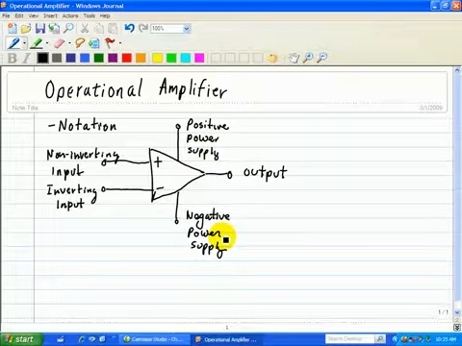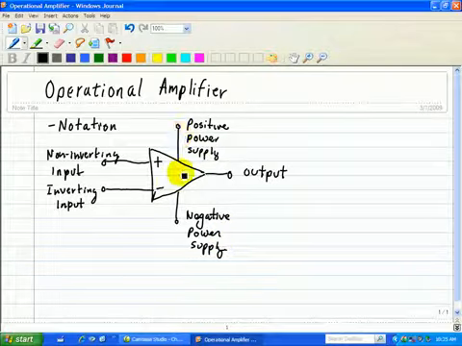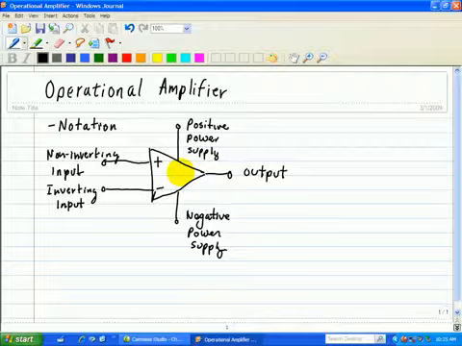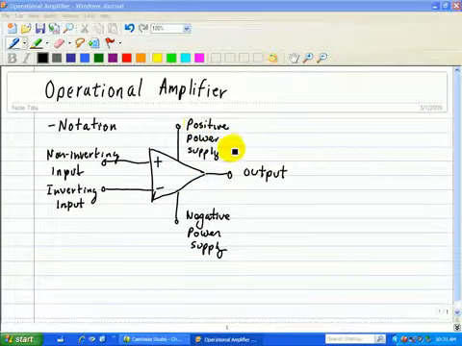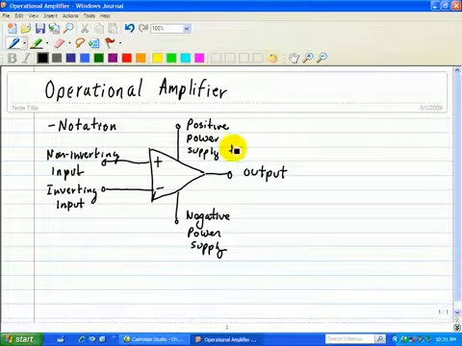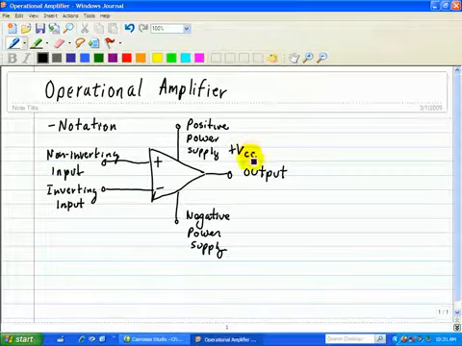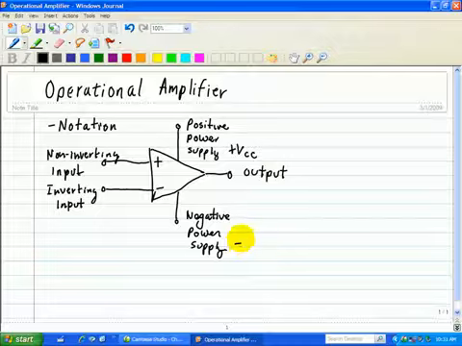Since the op-amp is an active device, it requires power to make it work. However, when we draw these circuits, the positive power supply is usually denoted as plus VCC, and the negative power supply is usually denoted as negative VCC.